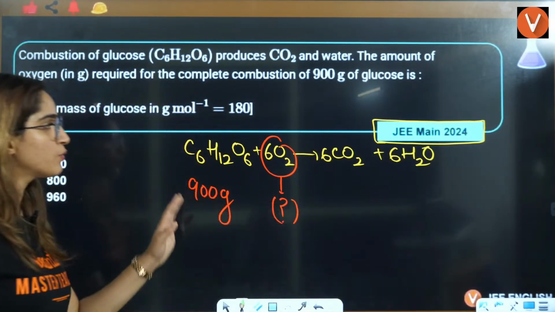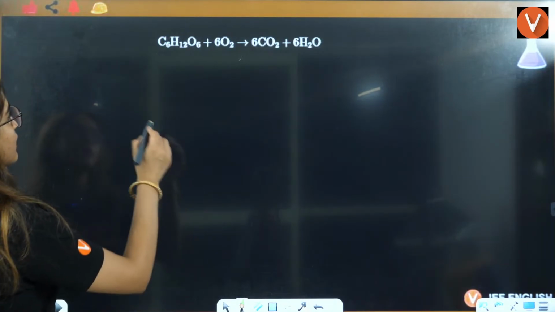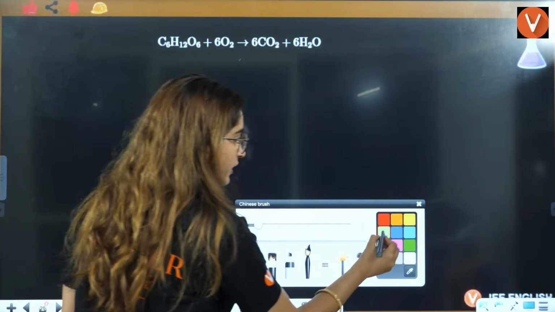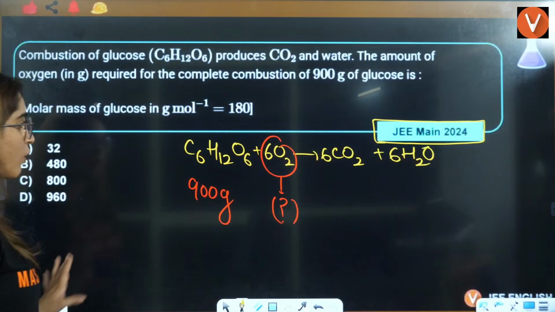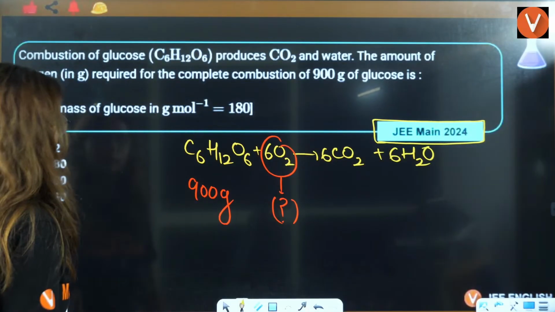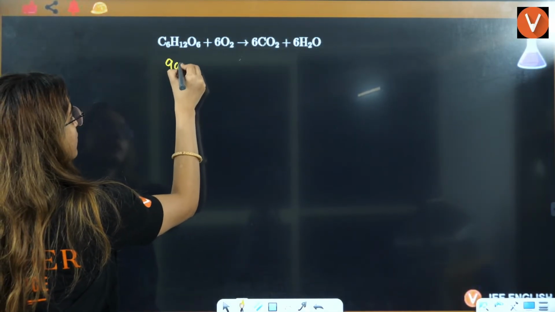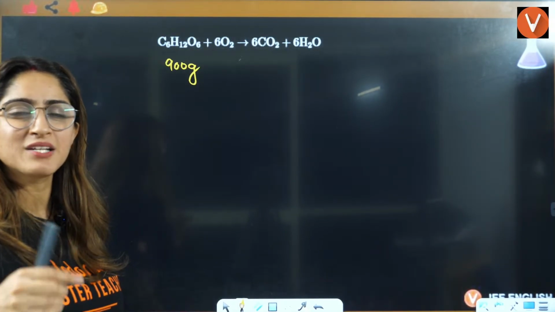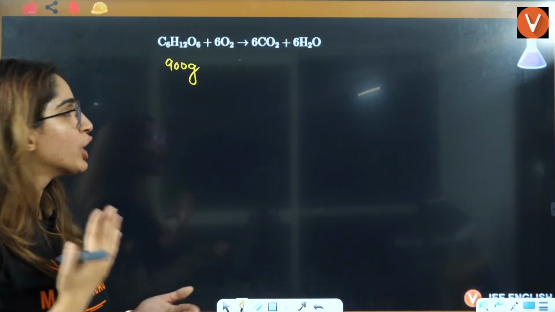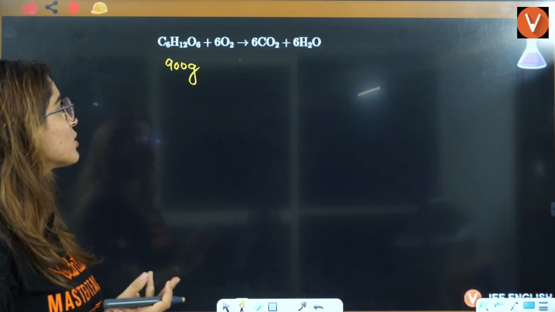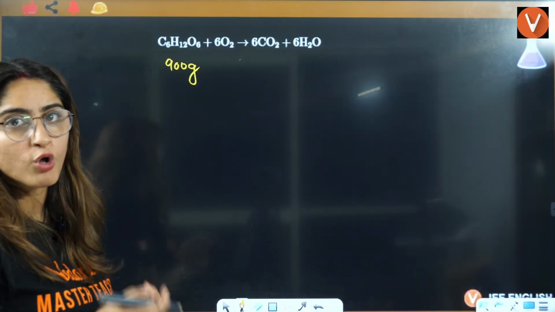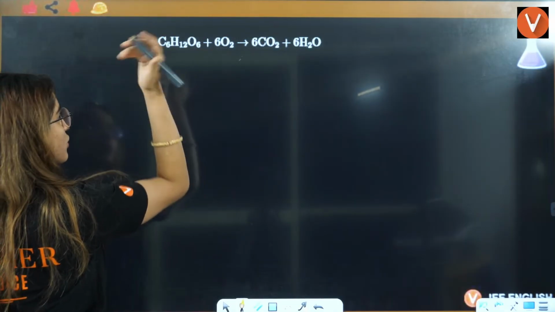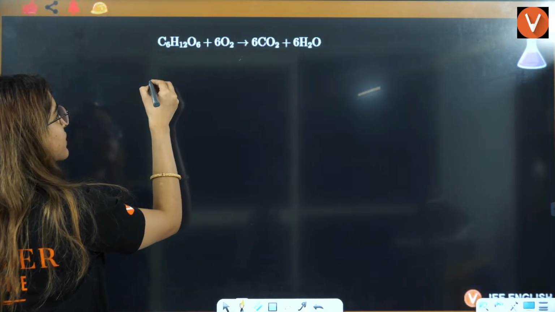This is the equation, and here we have 900 grams. You can compare with masses, or you can do it in the form of moles, your choice. But let's do it in the form of mass.